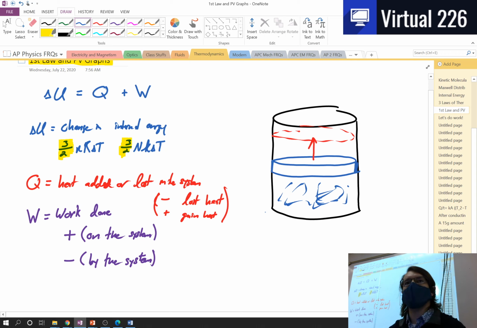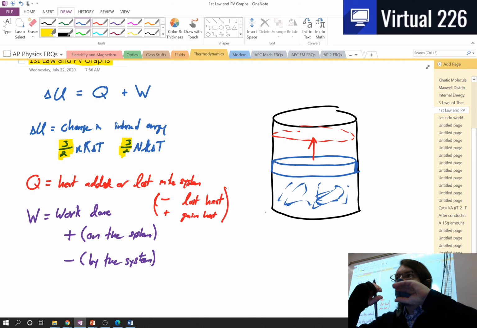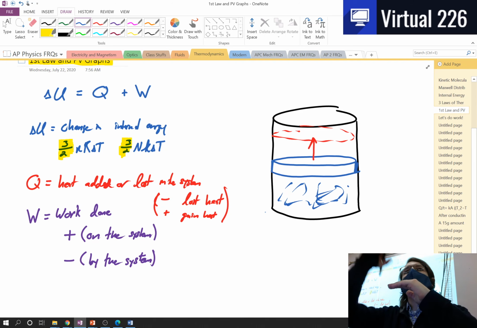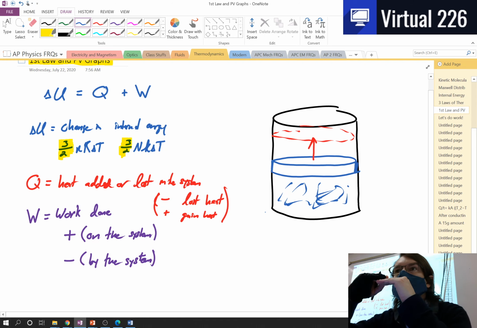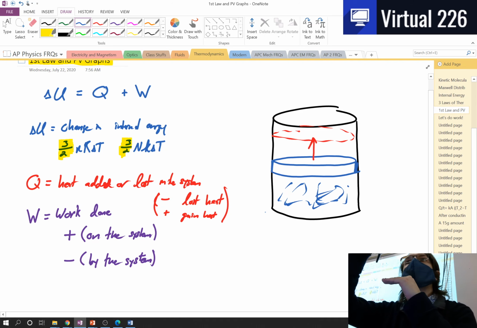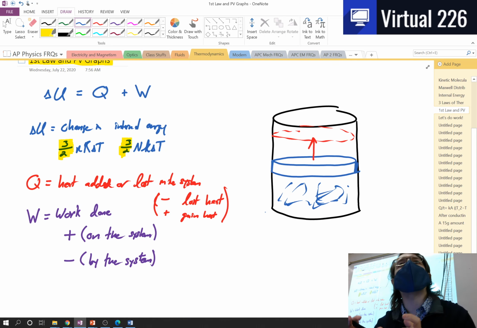As a result of this, we can think that this system had some pressure, it had some energy stored inside of it. When it pushed that lid up, it did work on the lid. It pushed the lid to a higher gravitational potential. If the gas did work, that means the gas lost energy.